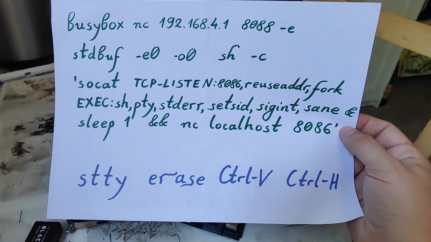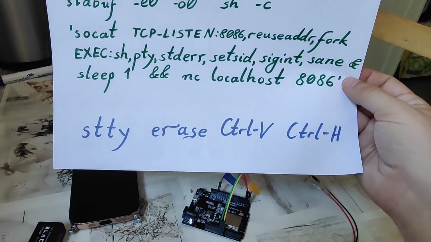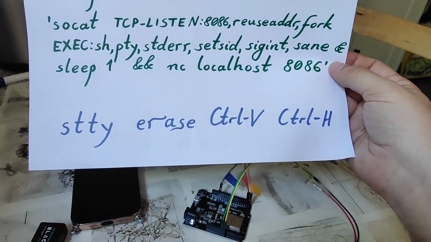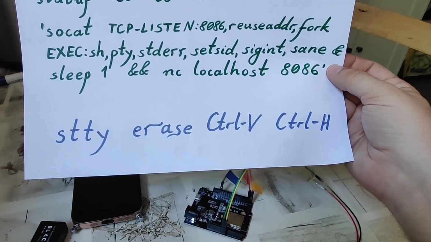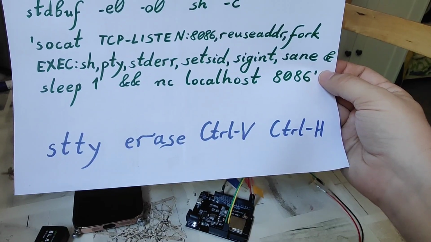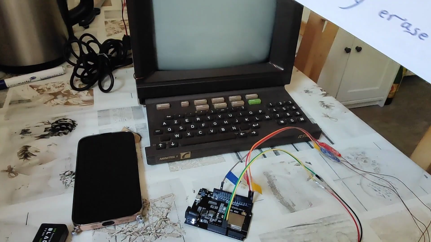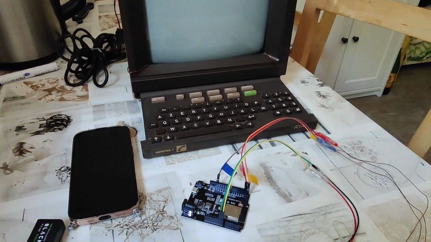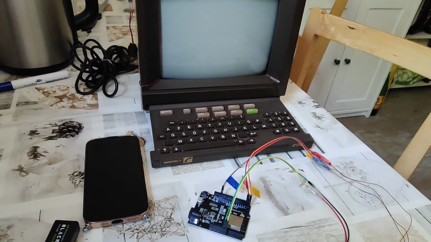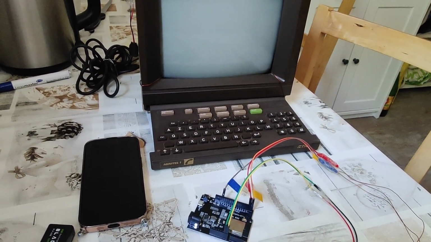In normal circumstances, if you're having issues with setting your backspace key, you can use also the setting STTY erase and then Control V, which means accept the next character printed just as a literal character. And then you press, for instance, Control H in order to say that backspace shall be Control H, a very traditional value.